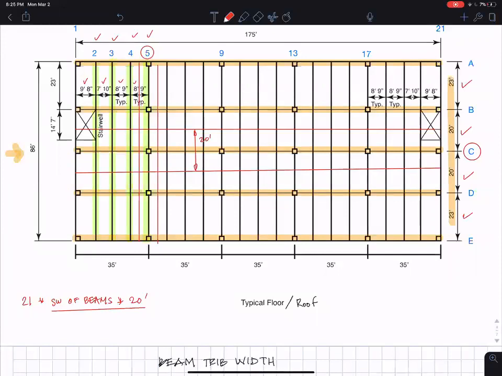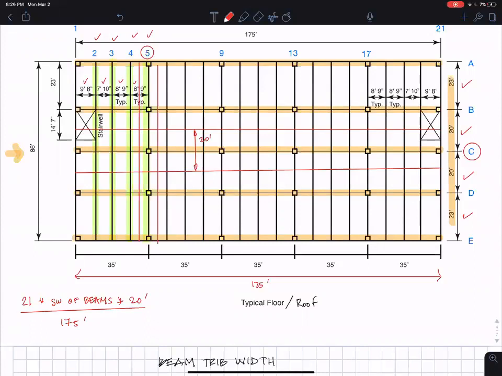I'm going to distribute over this total distance here of 35 times 5, which is 175 feet. So divide this whole thing by 175 feet.